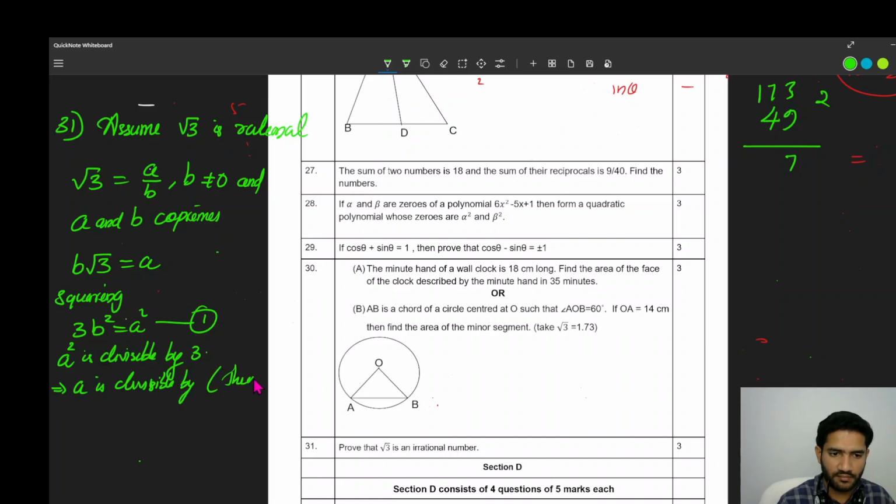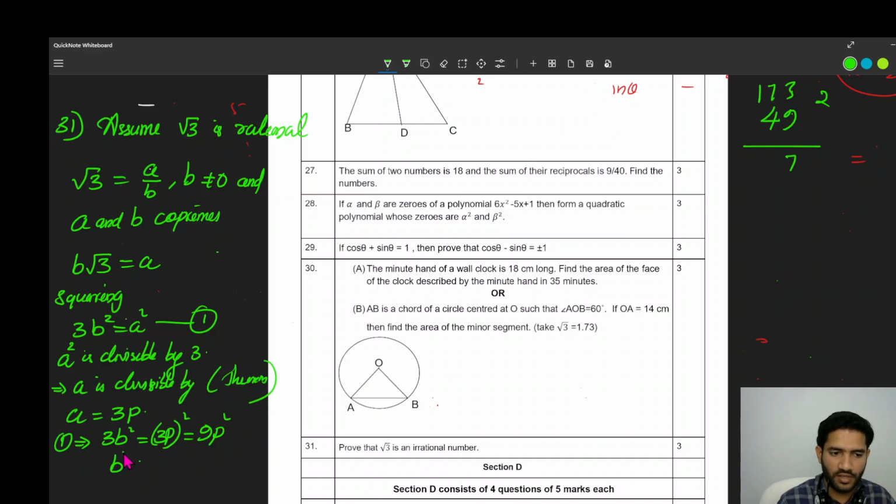So from here we can say that a is divisible by 3, by a theorem. The theorem says if p divides a square, then p divides a. So we can write a is equal to 3p. Now from equation number 1, 3b square equal to 3p whole square, that means 9p square.